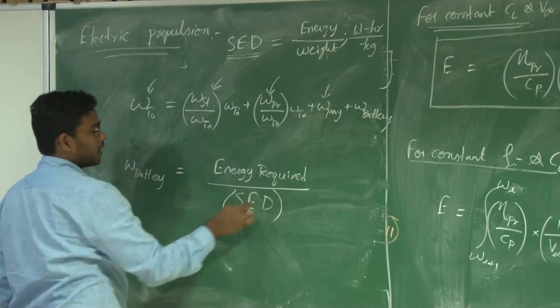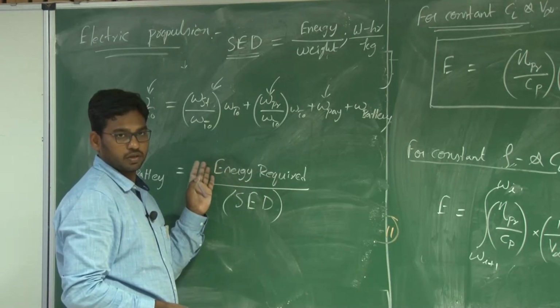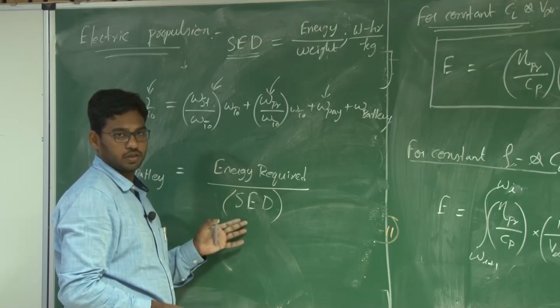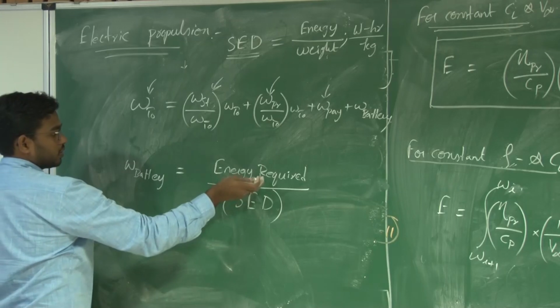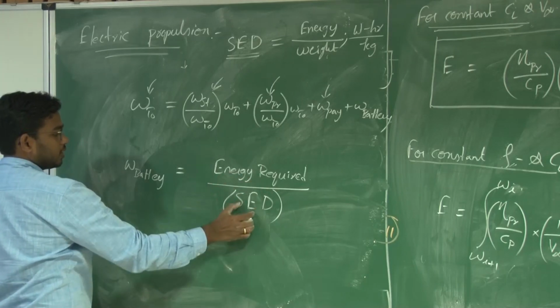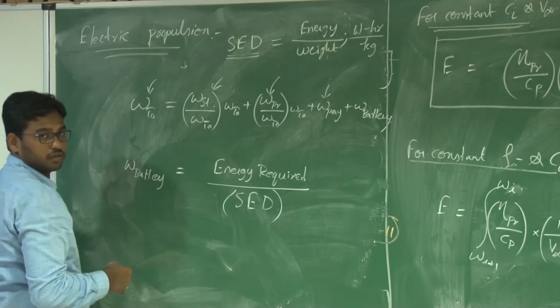So energy required is in watt hour or joules, watt second in fact, and specific energy density is in watt hour per kg. So what you're going to get is the weight of the battery in kg, right?